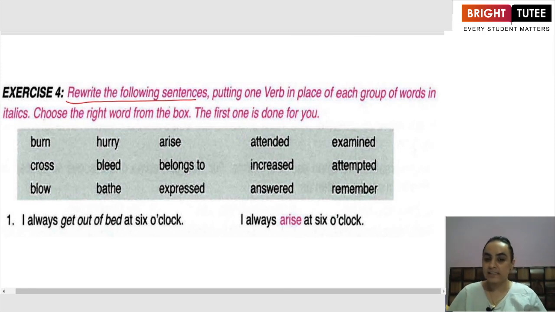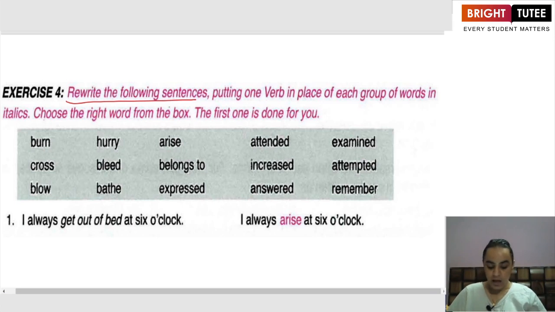So, as you can see, there are a lot of words given to us in the box, and following this box are 15 sentences. In every sentence, there are a few words written in italics. We have to replace those group of words written in italics with one of the words from the box.